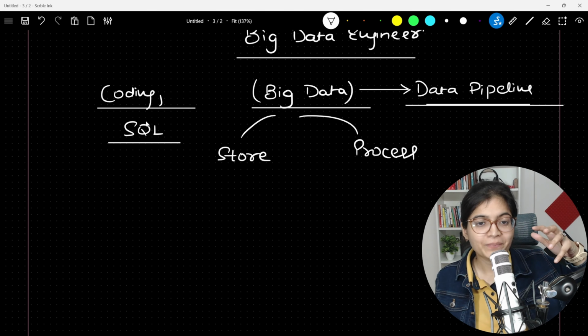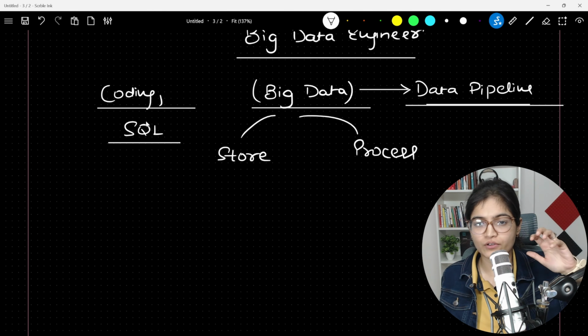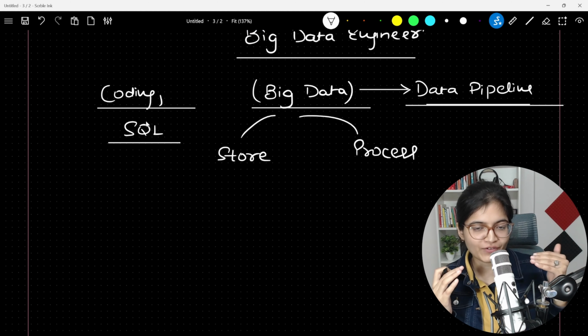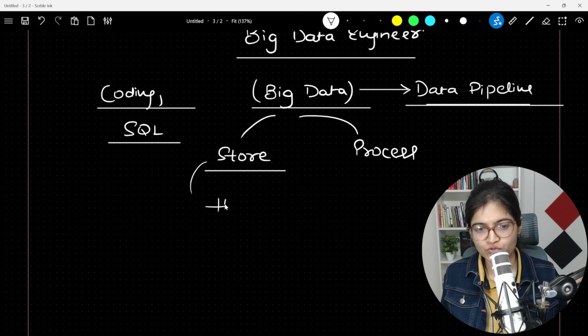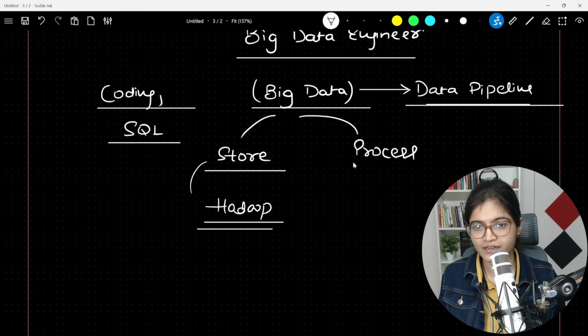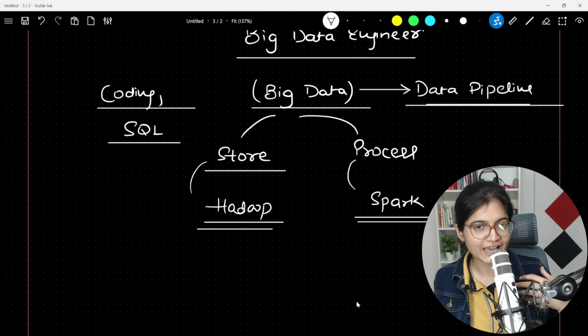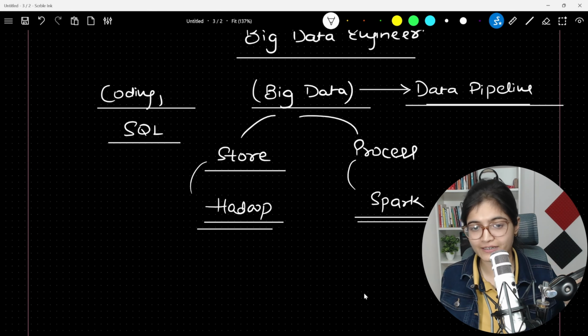The data can be available in different sources and platforms, and you need to fetch from every platform and store it in one place. Usually we have Hadoop for the storing part, so you should know the end-to-end idea about that. For processing, we have Spark, which can efficiently handle everything and process the data.